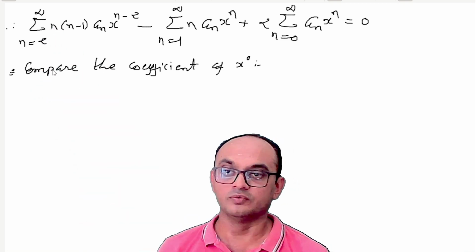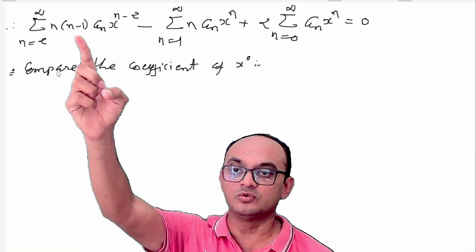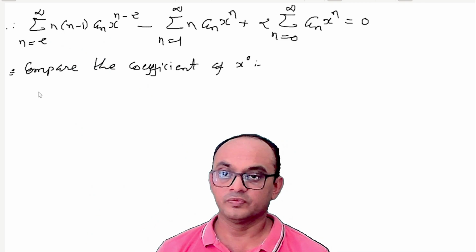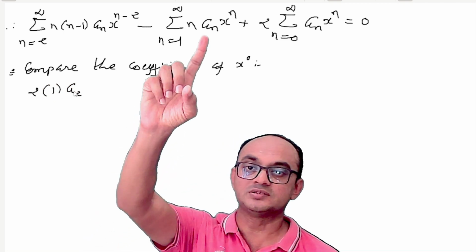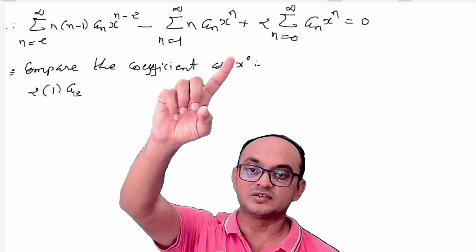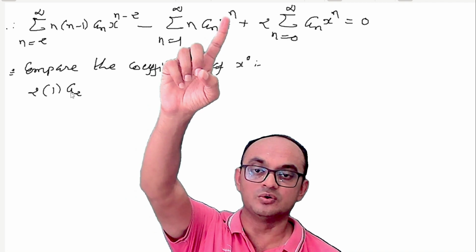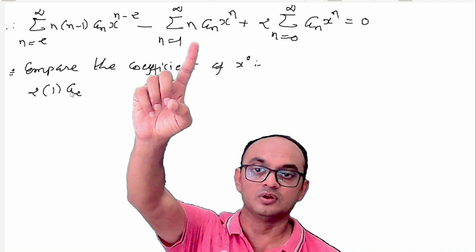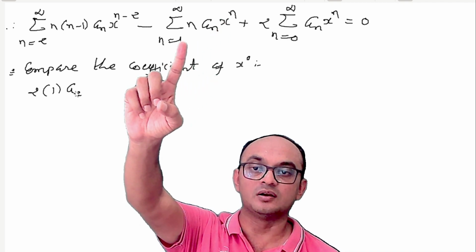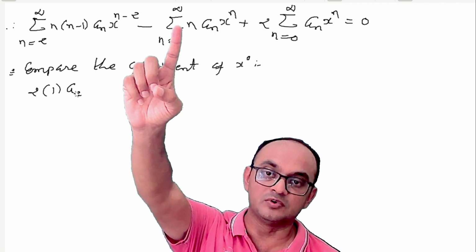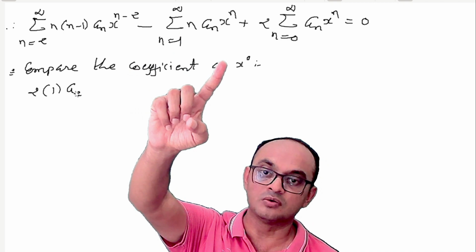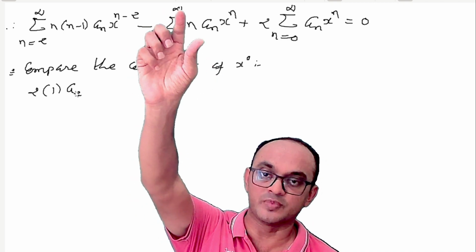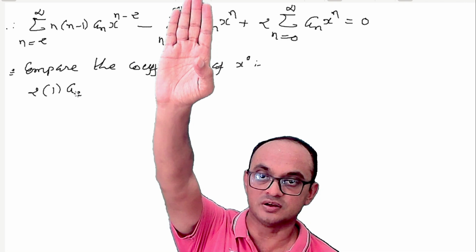So n is equal to 2: 2 into 2 minus 1, a2. What I want is x raised to 0. For the second term, x raised to 0 needs n to be 0, but the minimum value of n is 1. So this term does not contain x raised to 0, that is the constant coefficient. So this term will not help us, so just remove it.